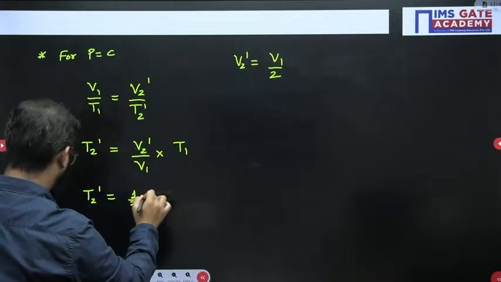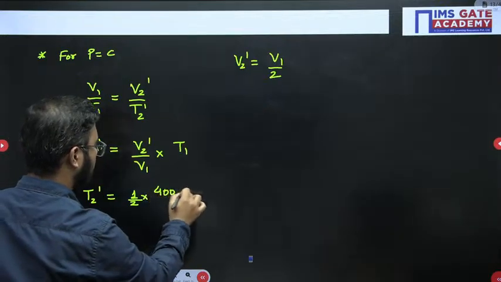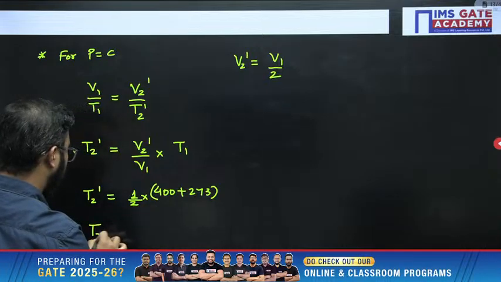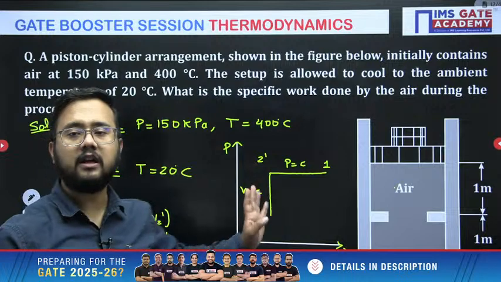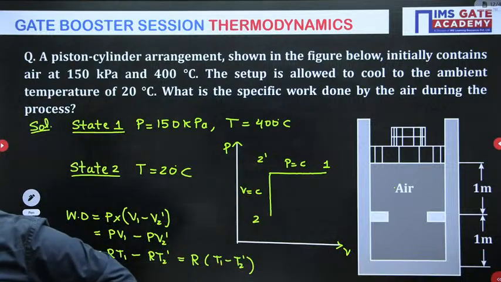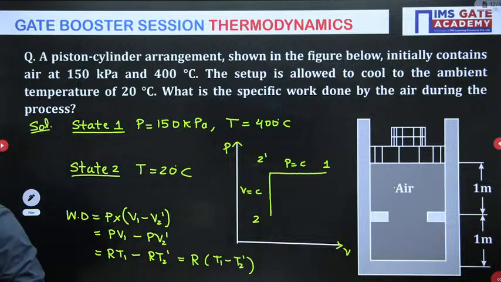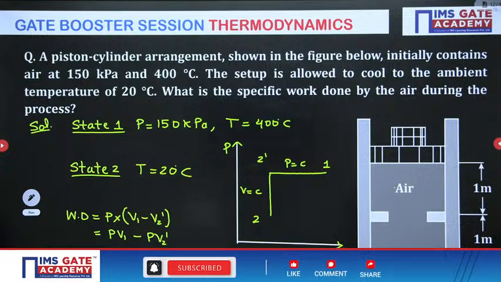The T1 value they have given as 400 degrees Celsius. So from here you will get T2 dash, and after getting T2 dash, you will put that value here and get the answer very easily. Everyone, please do the calculation here and let me know your answers. Do it fast.